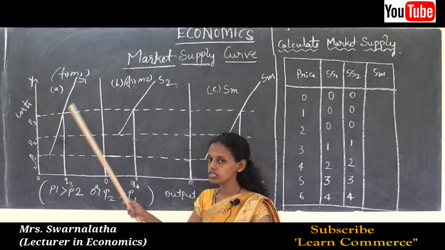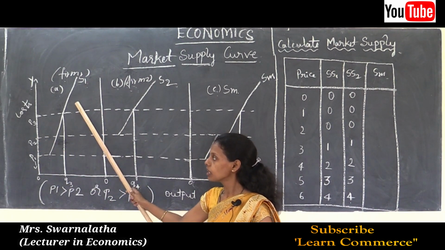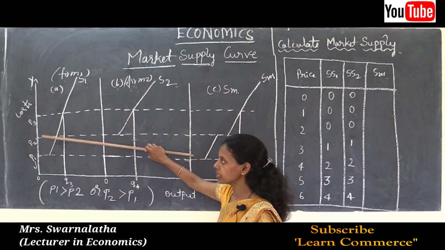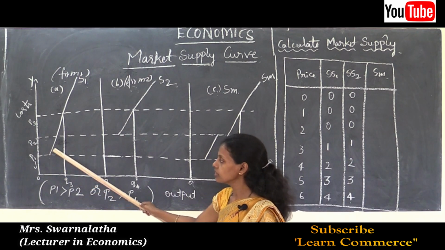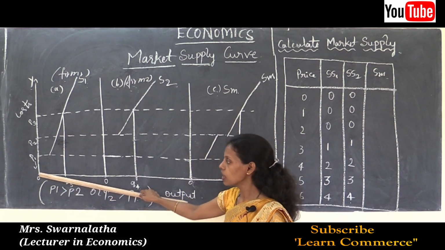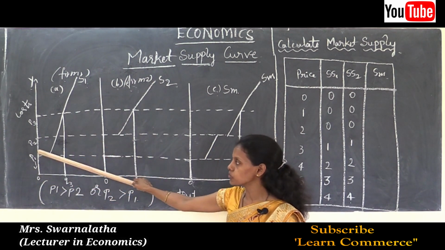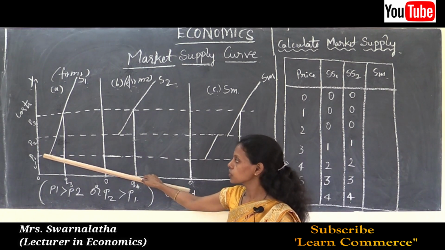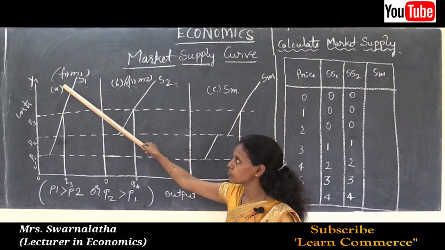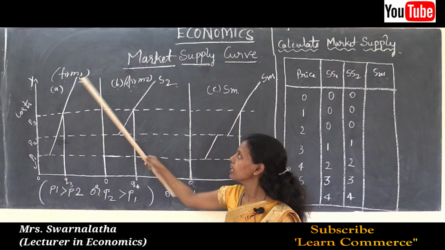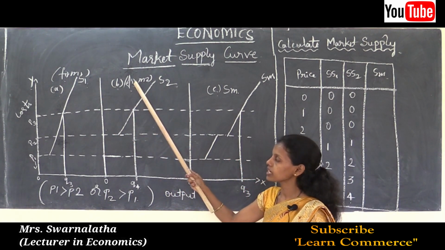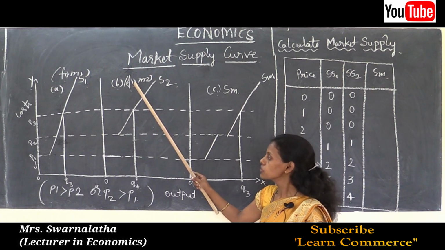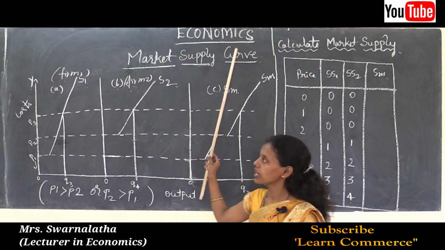Both firms are producing with different cost structures. OP1 is firm 1's cost structure, and OP2 is firm 2's cost structure. S1 is the supply curve of firm 1 in panel A, and panel B shows S2, the supply curve of firm 2. So, how do we get the market supply now?